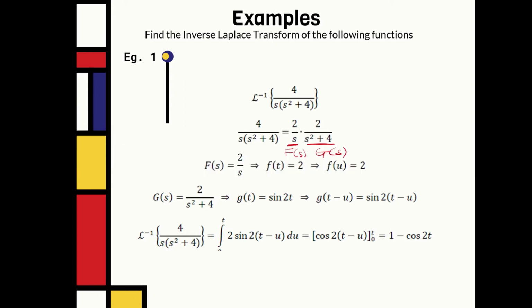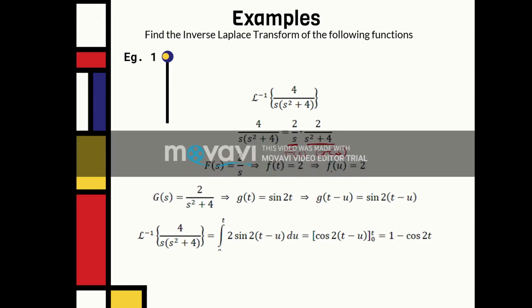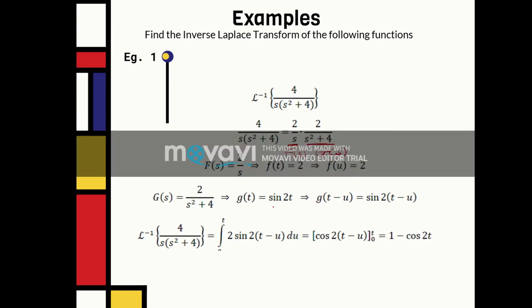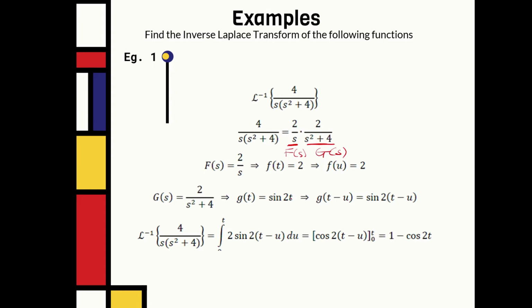So F(s) equals 2 on s, and the inverse Laplace of F(s), f(t), equals 2. Then we change the variable to u. f(t) equals 2, therefore f(u) equals 2. Let's take a look at G(s). G(s) equals 2 on (s squared plus 4). So we know that the inverse Laplace of G(s) is equal to sine 2t, and with the shift, the change of t to t minus u, we are going to get sine 2(t minus u). We simply replace t with t minus u.